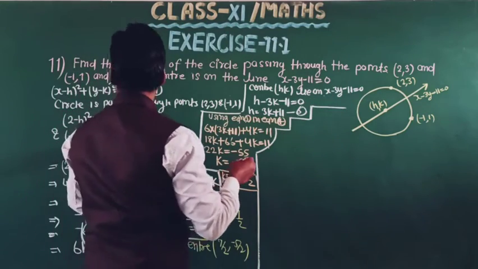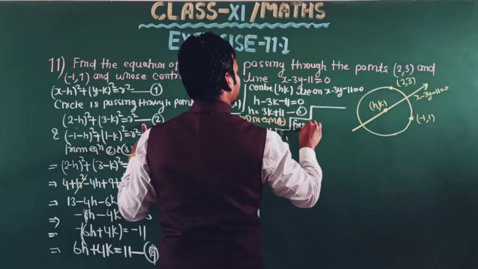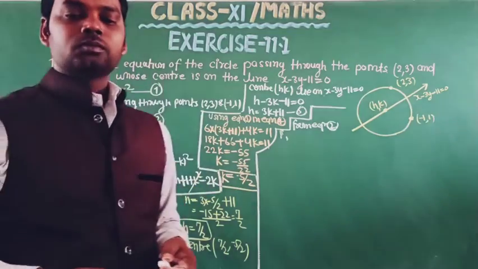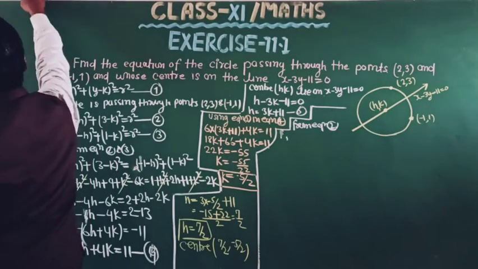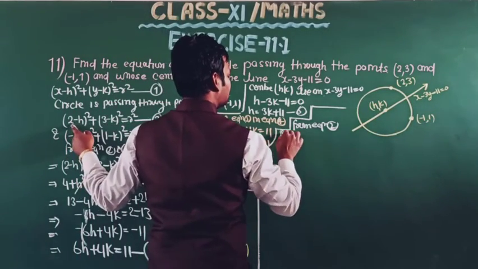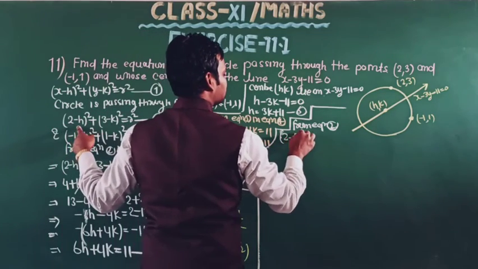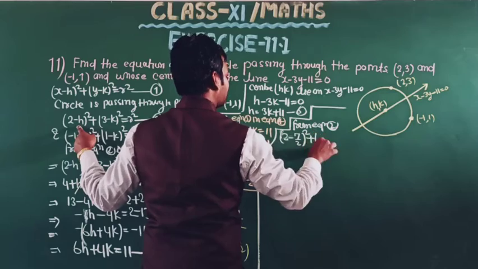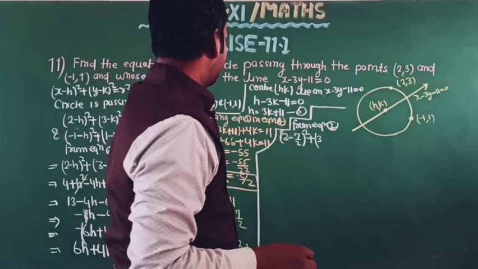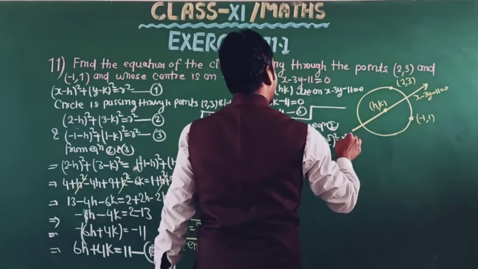From equation 2, this is (2 minus h), where the value of h is 7 by 2, whole square, plus (3 plus 5 by 2) whole square equals r square.